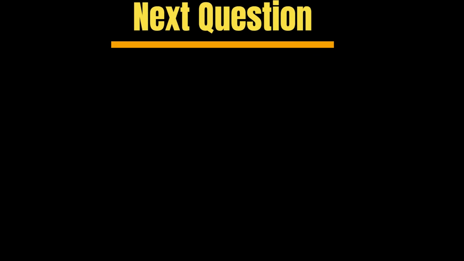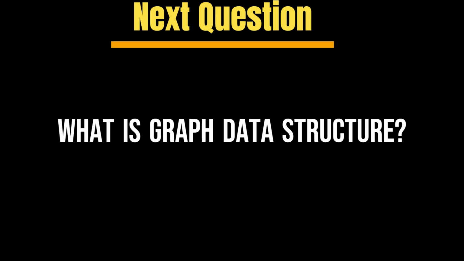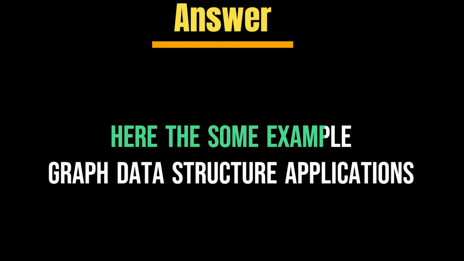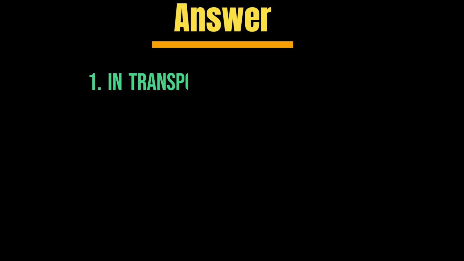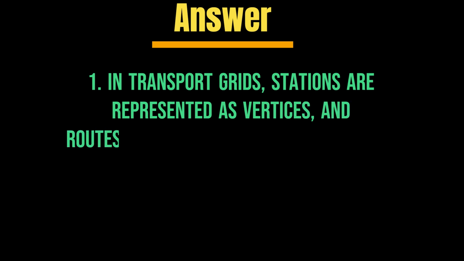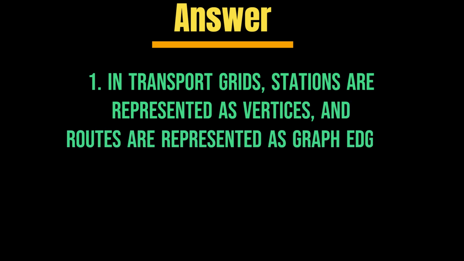Next question is: what are some examples of graph data structure applications? Answer. Here are some example graph data structure applications. 1. In transport grids, stations are represented as vertices, and routes are represented as graph edges. 2.